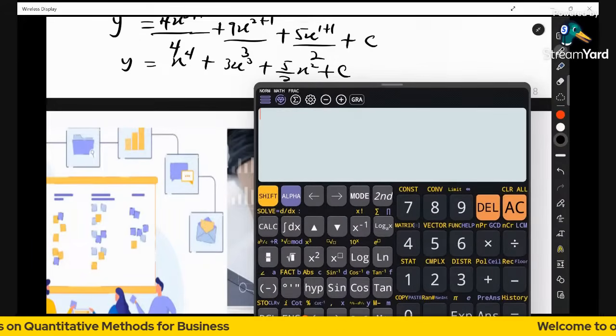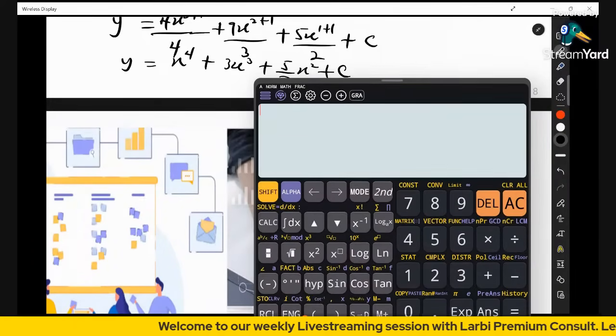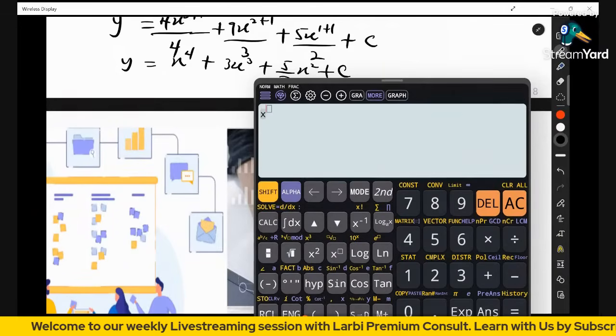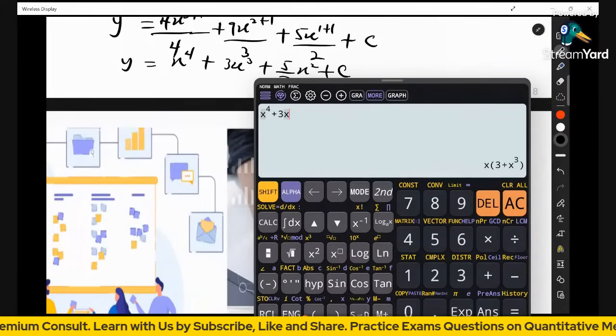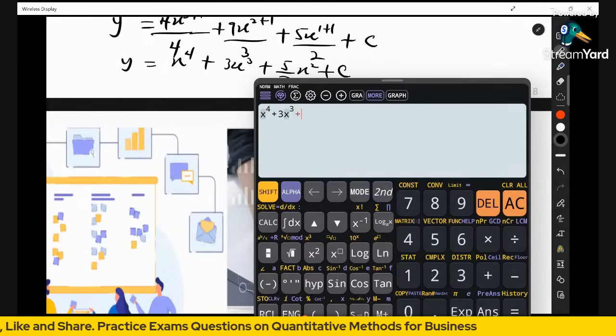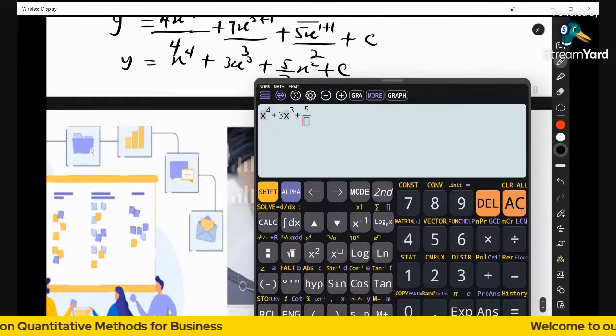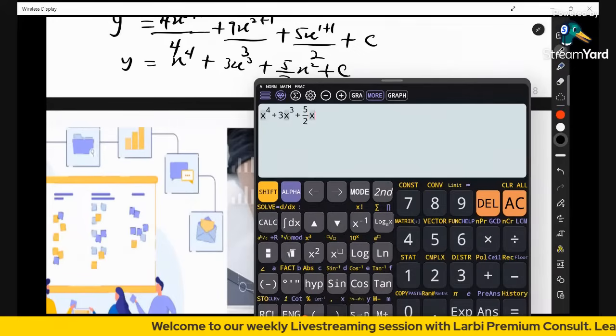So this is what you're going to do. Get this function in your calculator: alpha x to the power 4, plus 3 alpha x to the power 3, plus 5 over 2 alpha x to the power 2.